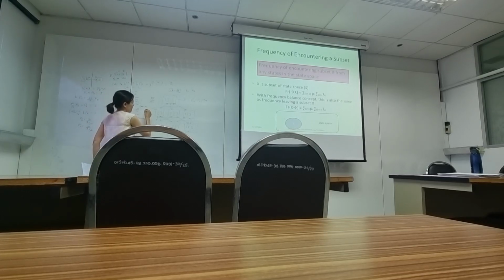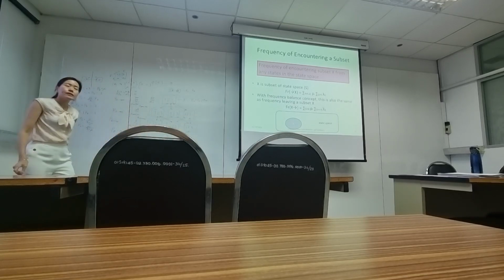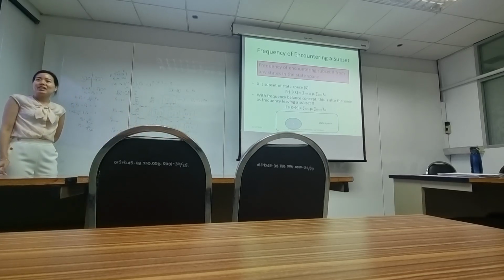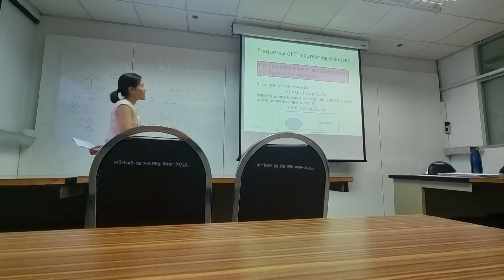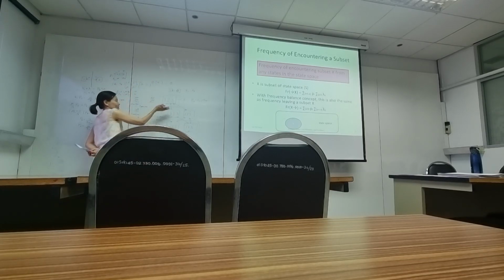It's the same thing as the probability. You have the probability and you have cumulative probability, right? The same thing, cumulative frequency would combine the states of greater than or equal to 200, and then here is greater than or equal to 300, and here is greater than or equal to 100.